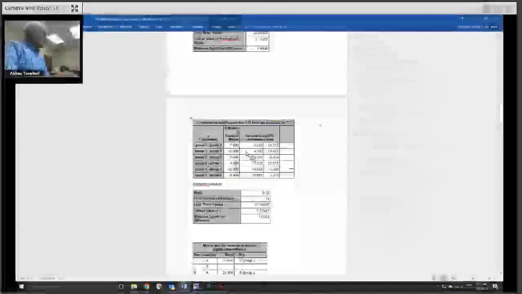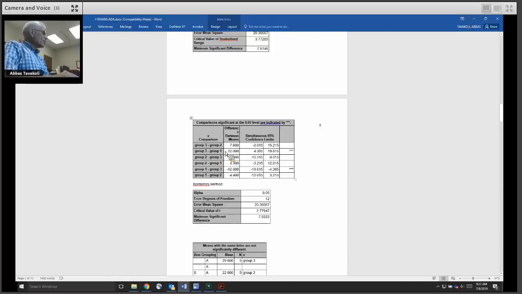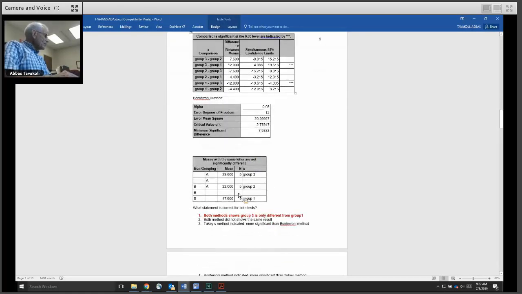So based on the Tukey method, only group 3 and group 1 is significant. And based on the Bonferroni method, you remember you look at the connecting letters. Group 3 and 2 are connected with letter A, so they're not significant.